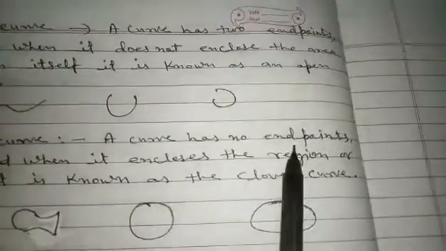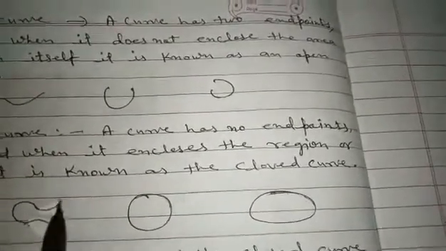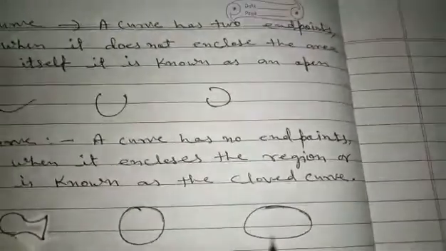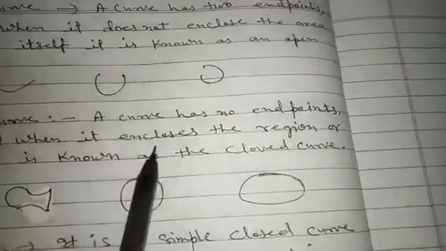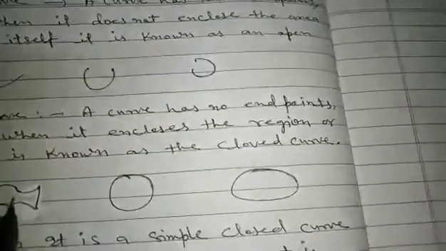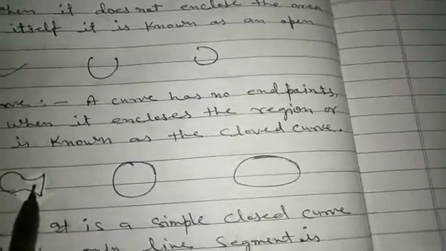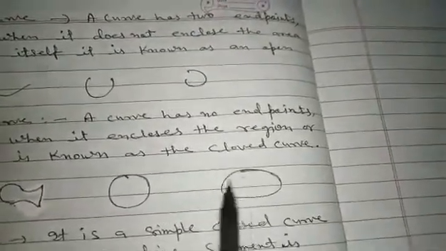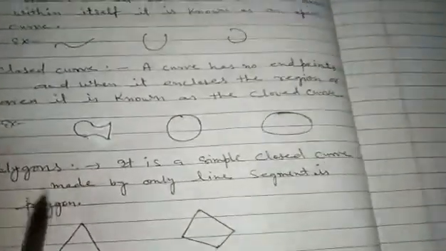You see, it has no endpoints. And when it encloses the area, this part is said to be the area. It is known as the closed curve. So it is clear.